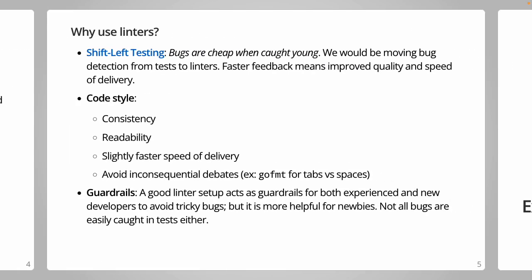But why would you want to use linters? One of the most important aspects, I think, is the idea of shift left testing. If you think of the feature lifecycle, we have product gathering, architectural design, implementation, unit tests, integration tests, UI tests, right?